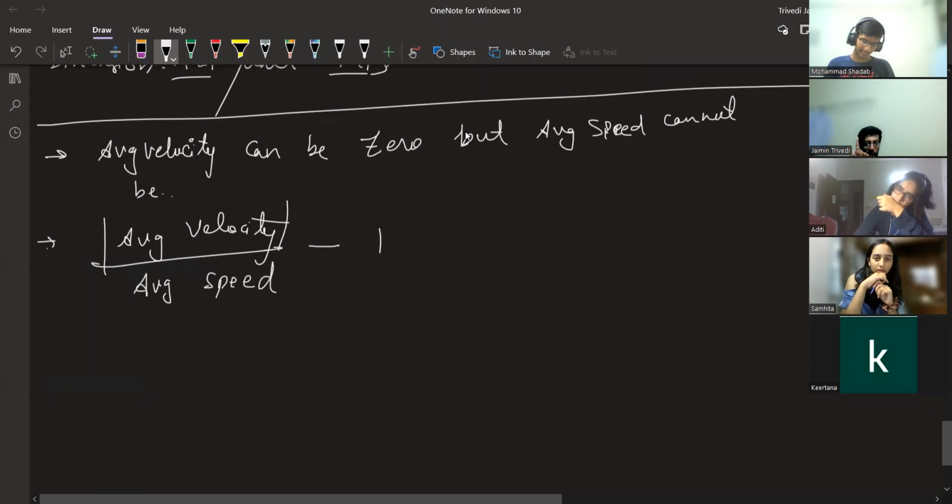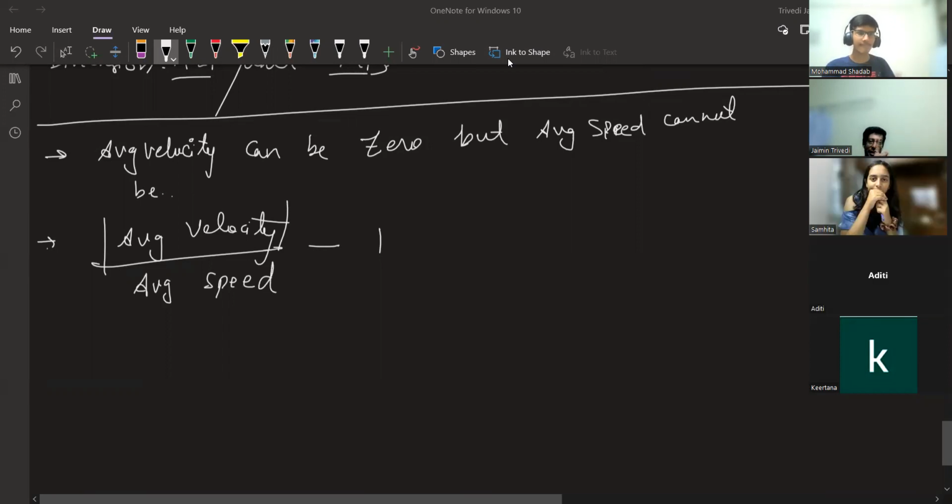That is agreed. Now, the second case: is it more than 1 or less than 1? More, I think, because speed can't be 0. No, I'm taking positive values only. This average velocity, I'm taking the mode of average velocity. In short, I'm taking positive values.